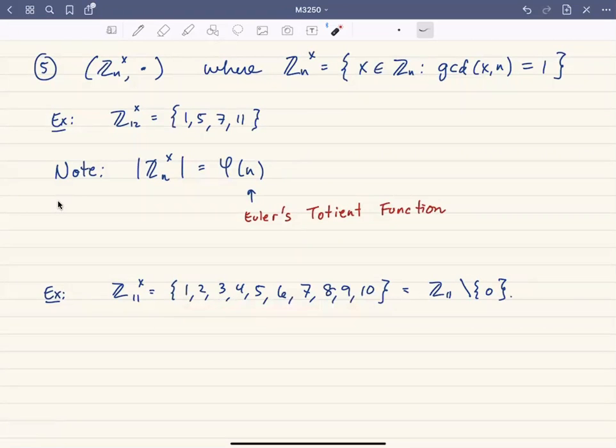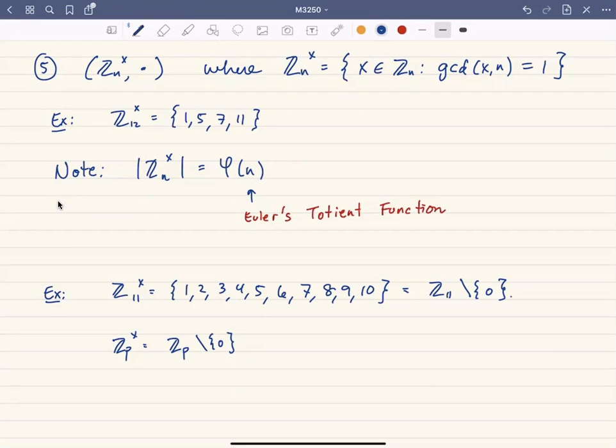So this is actually a property of primes: if you take any prime p and you look at the multiplicative group Zp, this is just going to be that set Zp without 0. Everything from 1 to p minus 1 will be relatively prime with p if p is a prime, because p is not divisible by any number less than p besides 1.